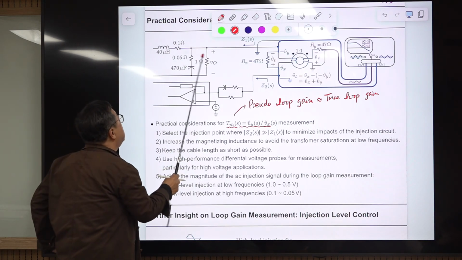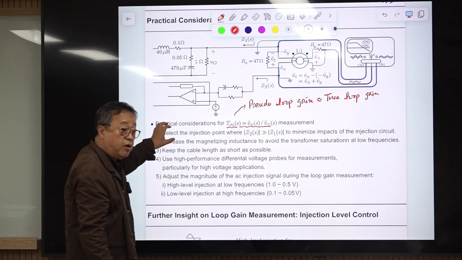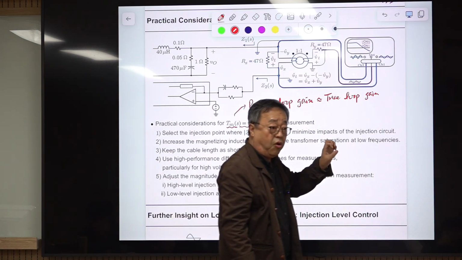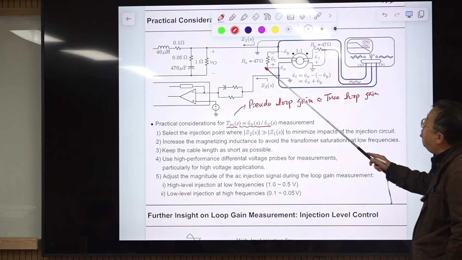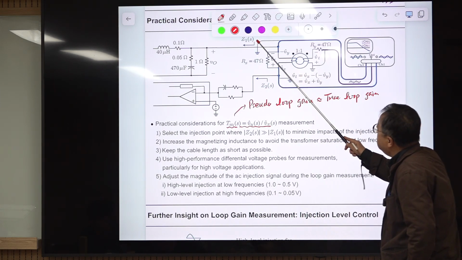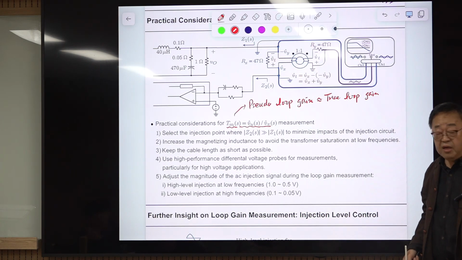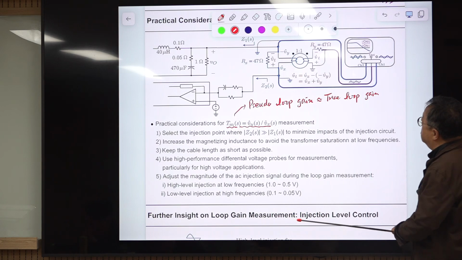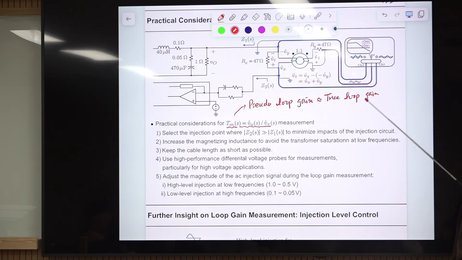You are trying to minimize the output impedance to make the converter very close to an ideal voltage source. So naturally, the magnitude of this impedance is much smaller than this one. That is desirable, because it minimizes the difference between the pseudo loop gain and the true loop gain.